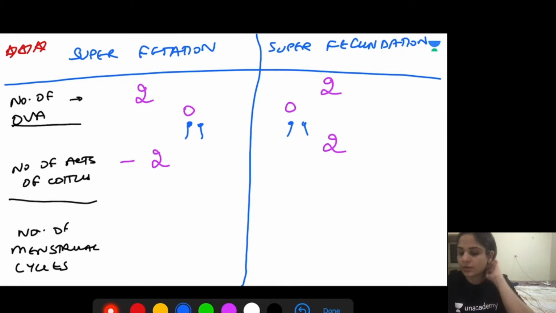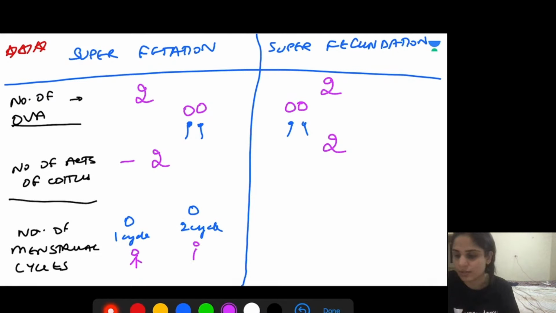Now you need to know whether these two ova are produced in one cycle or in 2 different cycles. So in superfetation you have one ova in one cycle and a second ova in the second cycle, and then the sperms will go to them. While on the other hand, in superfecundation, just remember this as an image-based picture: you are having 2 ova and both of them are produced in the same cycle, and they are also fertilized by 2 different sperms.